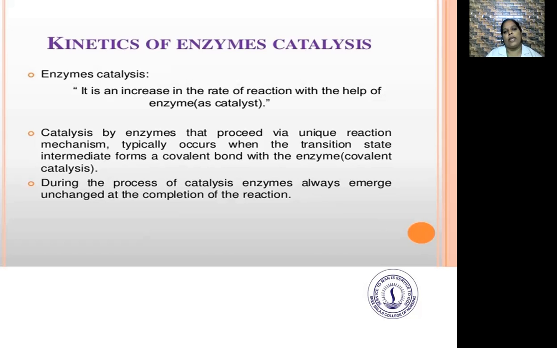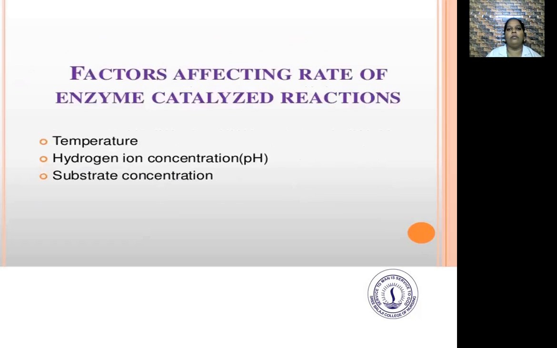Catalysis by enzymes that proceed via a unique reaction mechanism typically occurs when the transition state intermediate forms a covalent bond with the enzyme. Covalent catalysis: during the process of catalysis, enzymes always emerge unchanged at the completion of the reaction.